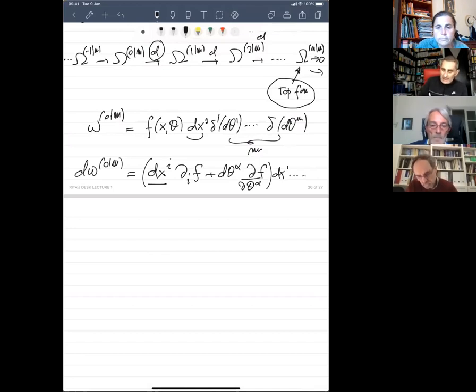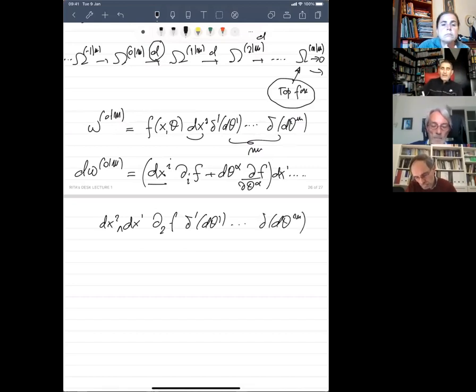Either the I is along x1 and then it gives you 0, because dx1 wedge dx1 gives you 0, or otherwise you get dx2, for example, wedge dx1 with the derivative 2 of f, and then the delta function, delta prime of d theta 1 times delta of d theta m. So here indeed I increased the form number. What happened to the second term?